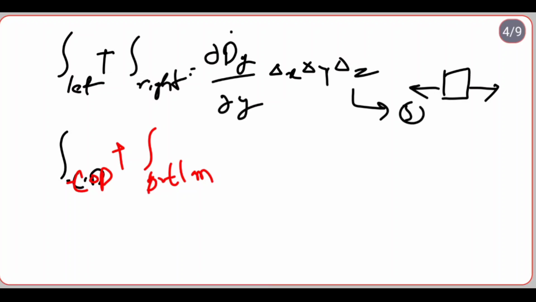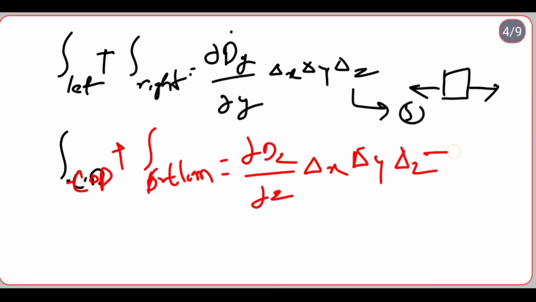If you consider like that, you will get the terms cancelled in the negative and positive directions. Top and bottom is in the z direction, so that is dou Dz by dou z, delta x delta y delta z.